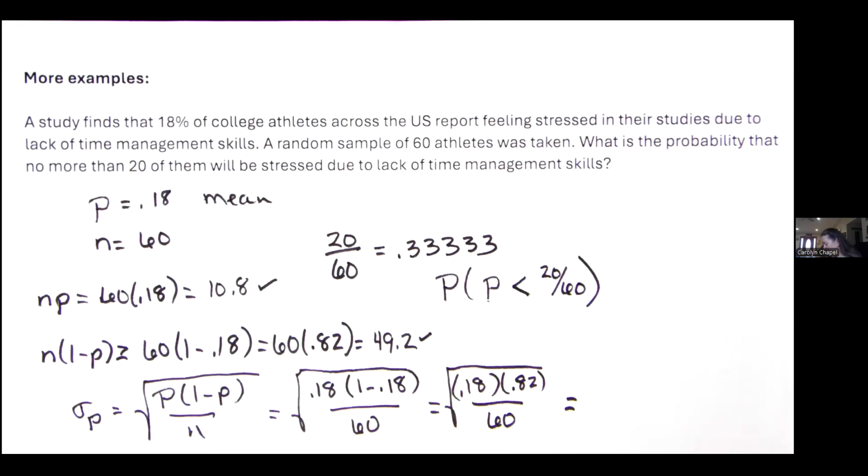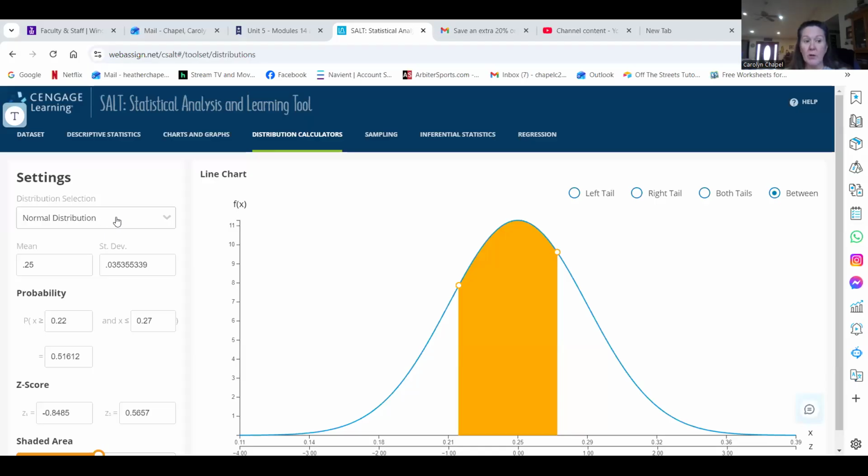Okay, where was I? Calculating my standard deviation, 0.0495983887. Okay, and now I will go to SALT to actually do the work for me. We are using our normal curve because it is normal. Both our n times p and our n times 1 minus p were larger than 10. My p, which is my mean, is that 18% of all athletes feel stressed.